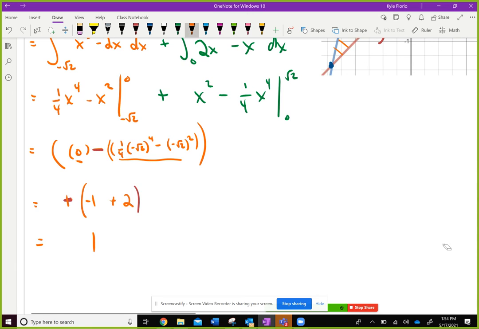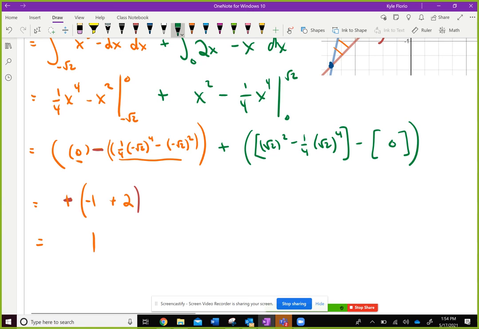Okay, do the same thing with the green area. Now I'm going to plug in root 2 minus 1/4 of root 2 to the 4th, minus plug in 0. We all agree I'm going to get 0, right? Yes. Since it's minus 0, it's not in the beginning, I can get rid of it.